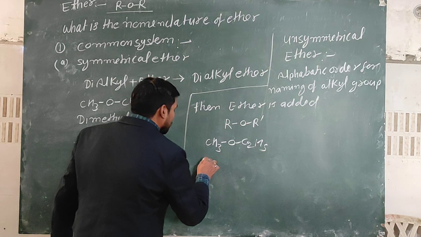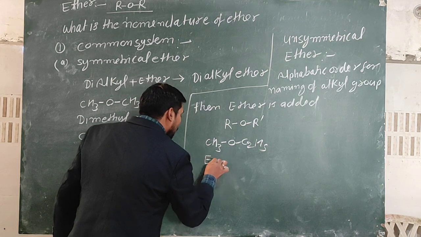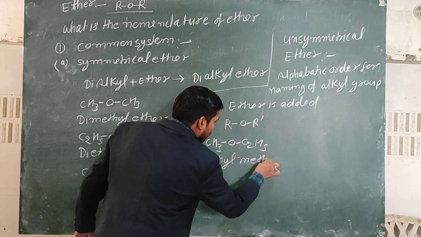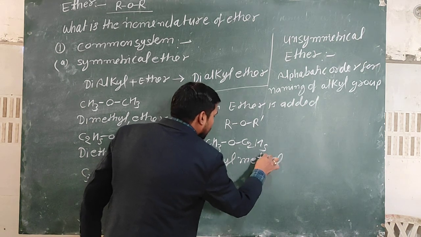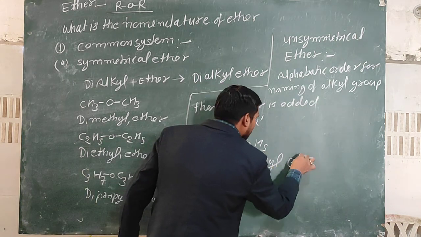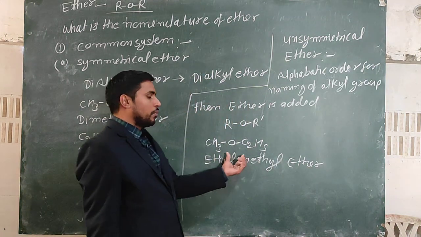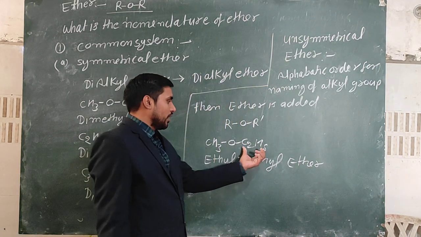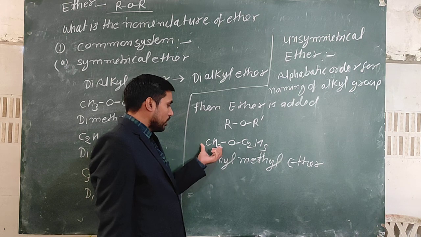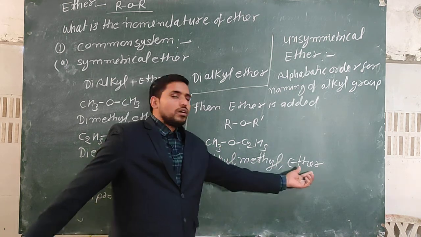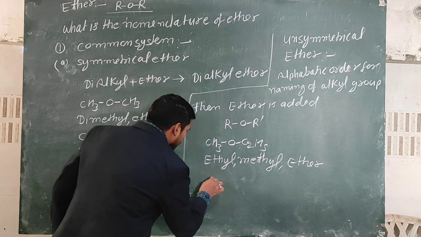Then its name is ethyl methyl ether. Okay, in this system we use alphabetical order. Firstly, we write the name of the ethyl group, then the name of the methyl group, then the word ether is added.